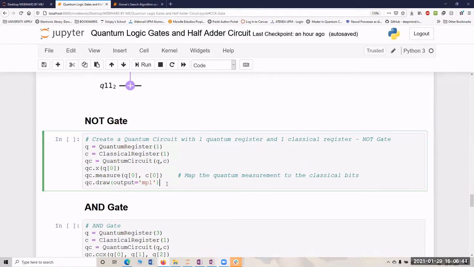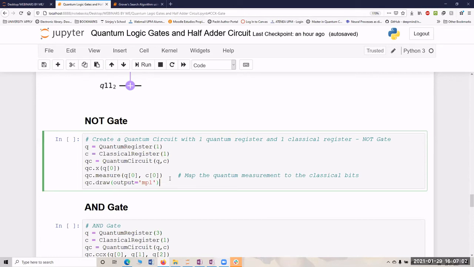Now we see some classical logic gates being implemented using quantum circuits. The advantage of this is that classical logic gates are not reversible, but quantum gates are reversible.